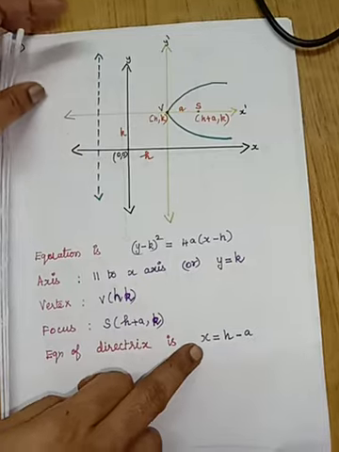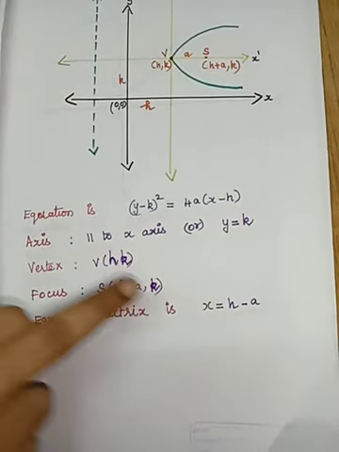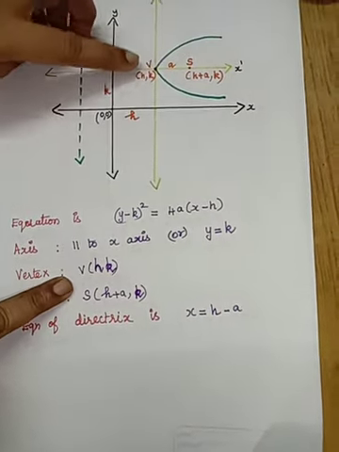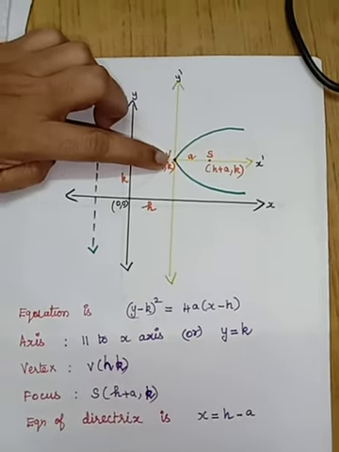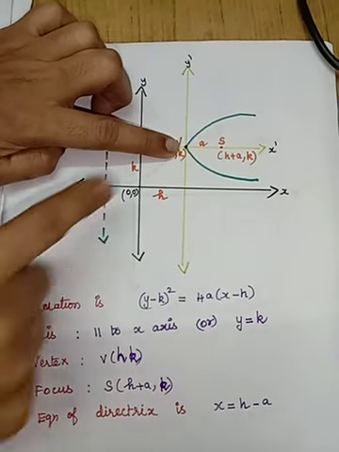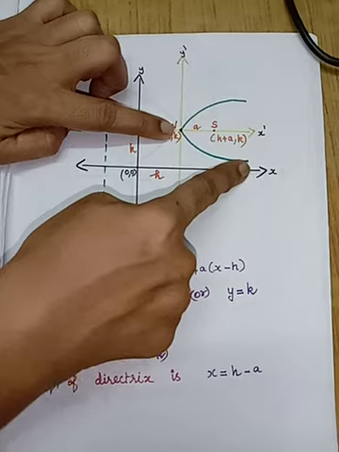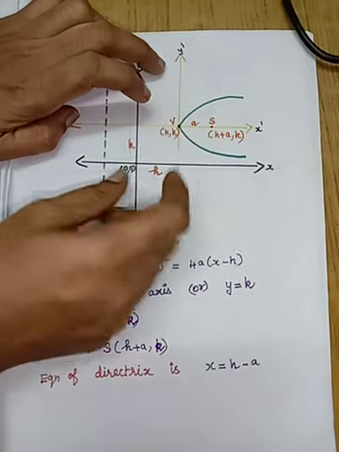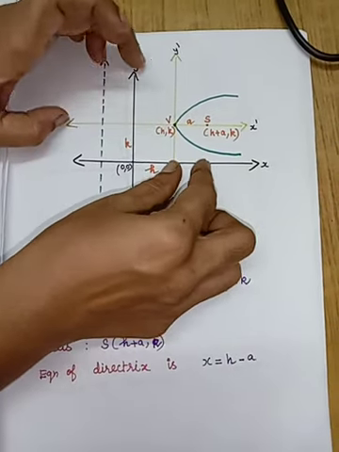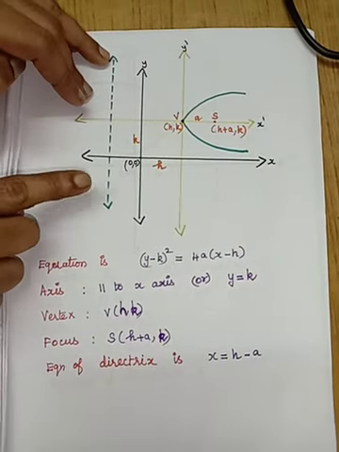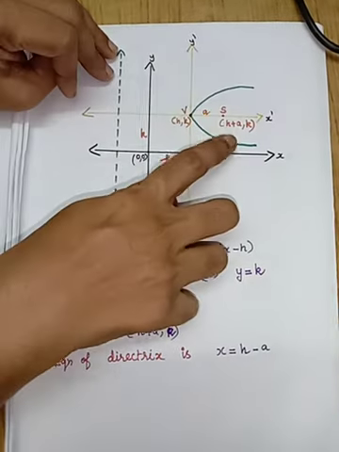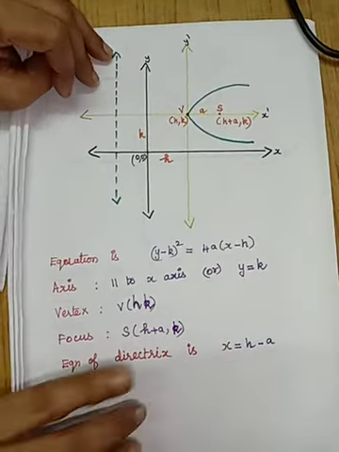Is it clear to you? So the vertex is h comma k, the parabola opens rightward, the focus is h plus a comma k, and the directrix has the equation x is equal to h minus a.